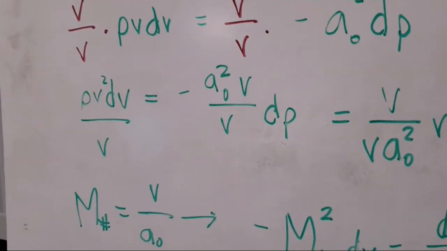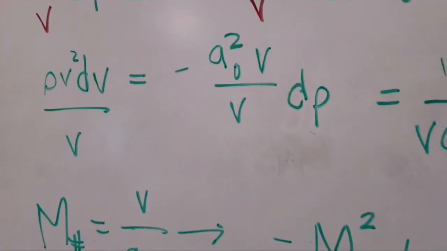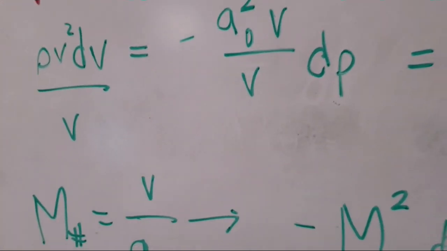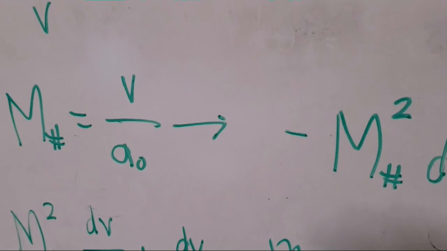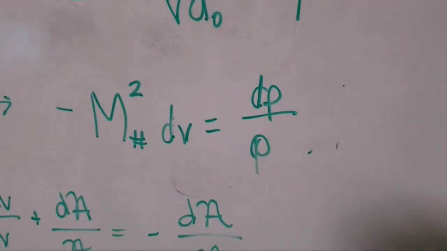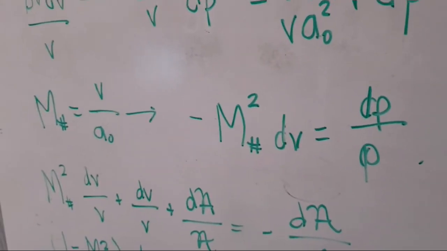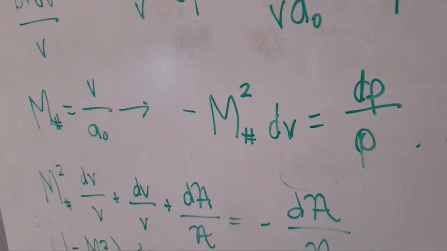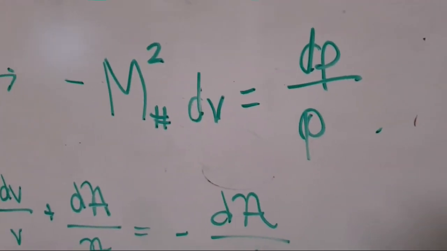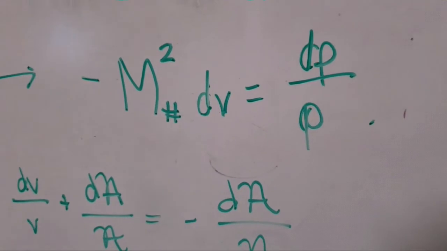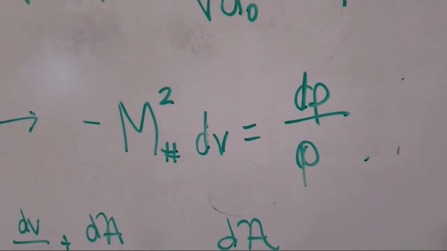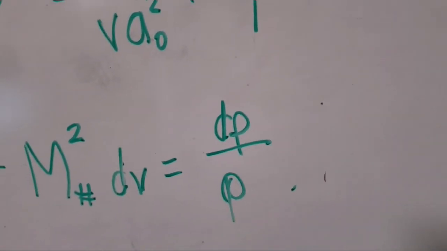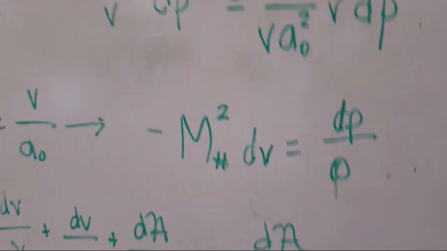Because the Mach number, like we discussed before, equals velocity over the speed of sound, then that means that the negative square of the Mach number times the change in velocity, or the acceleration of the fluid, I guess, is going to be equal to the change in density over the density.